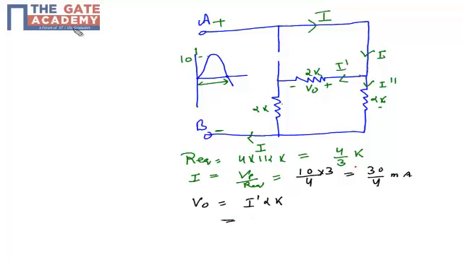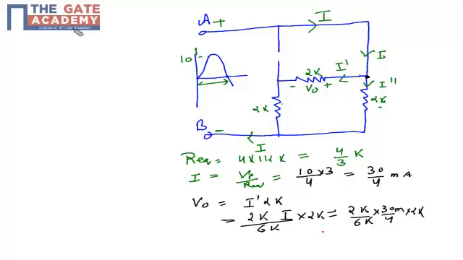Let's apply the current divider at this node. Then I dash will be 2K upon 6K times I, which is 30 by 4 milliamp, into 2K.